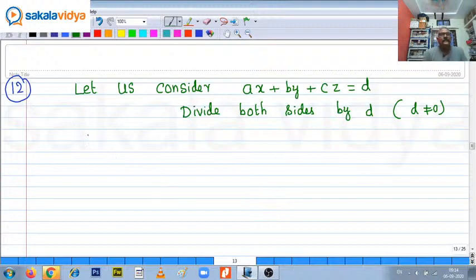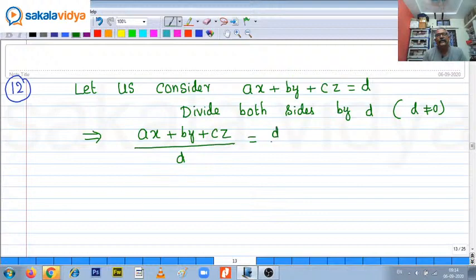So now we get (ax plus by plus cz) upon d equals d upon d. Now we can split the terms. Sorry, I made a mistake. Consider it like this: ax plus by plus cz plus d is equal to 0.